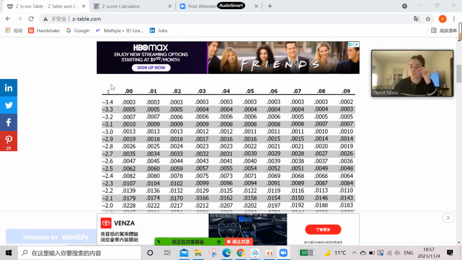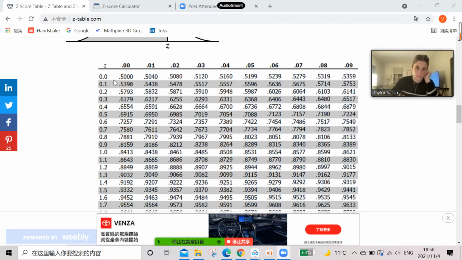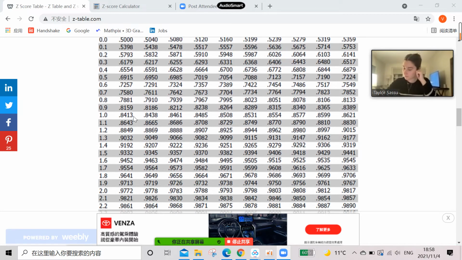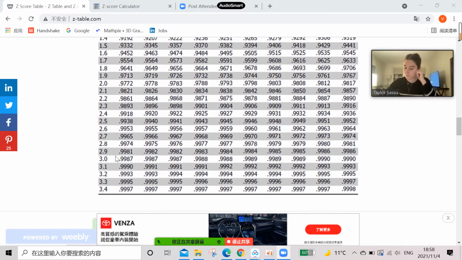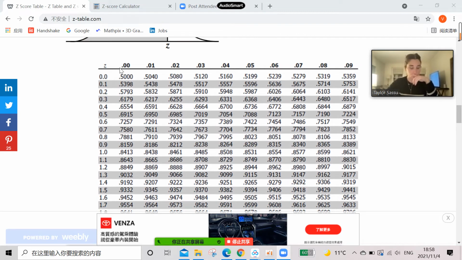So first we look at the first vertical line. The first vertical line says z equals 0.0, 0.1, all the way to 3.4, right? And what's in the first horizontal line is basically the second decimal place.